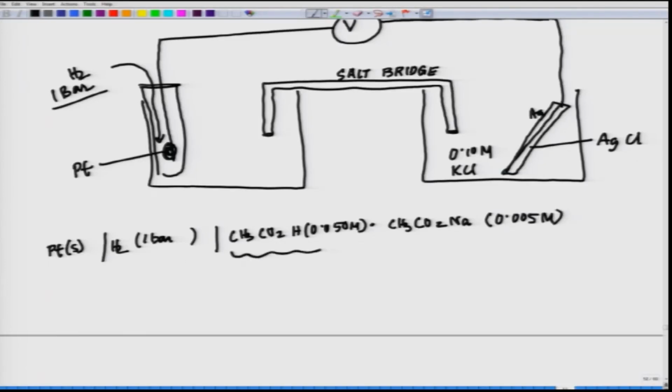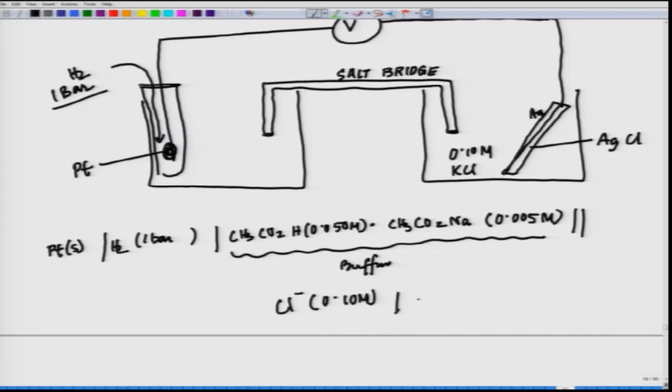So, which is essentially a buffer. This is what is buffering it. And you have the double line showing the other side, the right hand side of the reaction, which is chloride minus 0.10 mole with AgCl solid, Ag solid. So, this is what the reaction looks like.